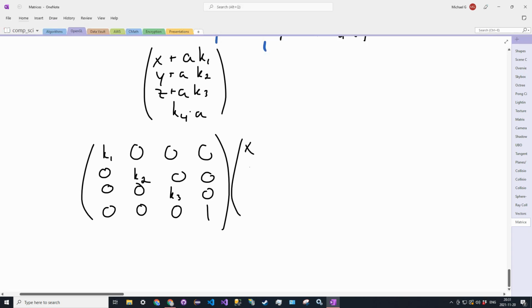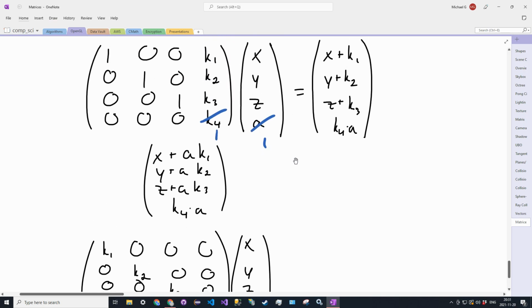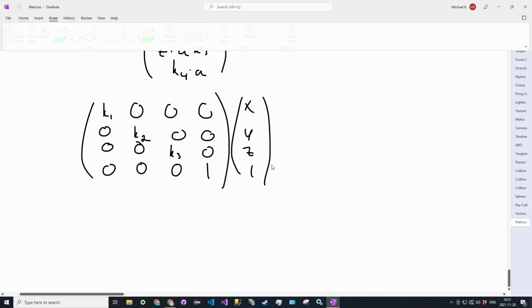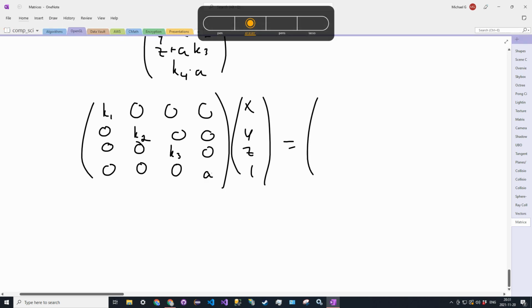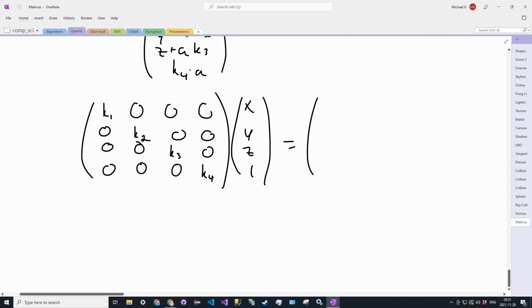So if we have an X, Y, and a Z, and then a 1, which we found out that A has to be, and we wanted to figure out what that K4 has to be in the scaling matrix, we have K1X, which is desired, K2Y, K3Z, and then K4 times 1.